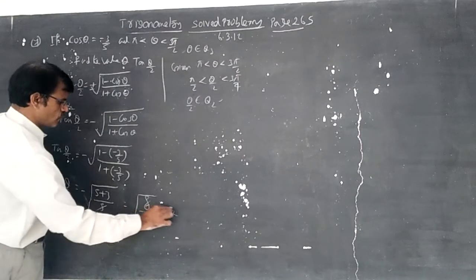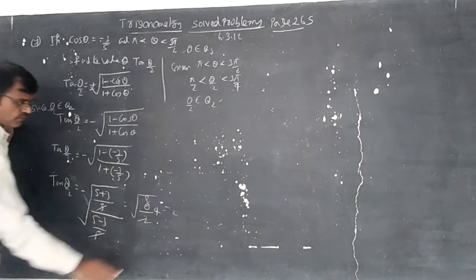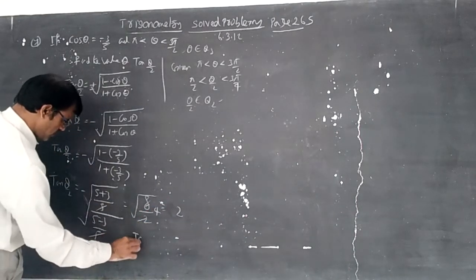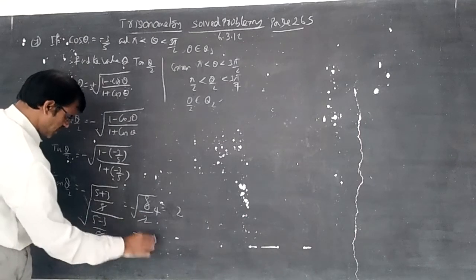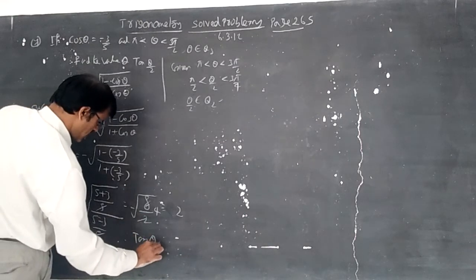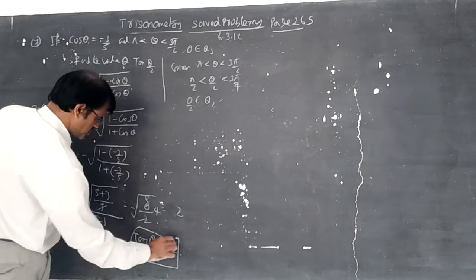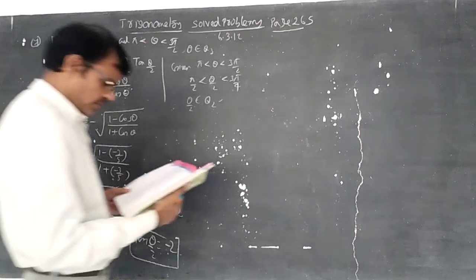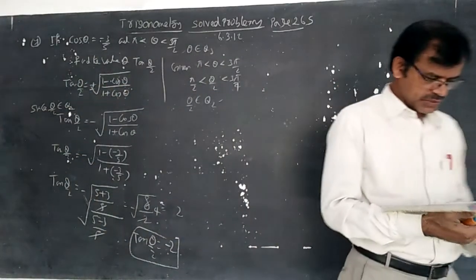So root of 4 is 2. Therefore tan theta by 2 is equal to minus 2, because theta by 2 belongs to Q2. Tan theta by 2 value we got is minus 2.